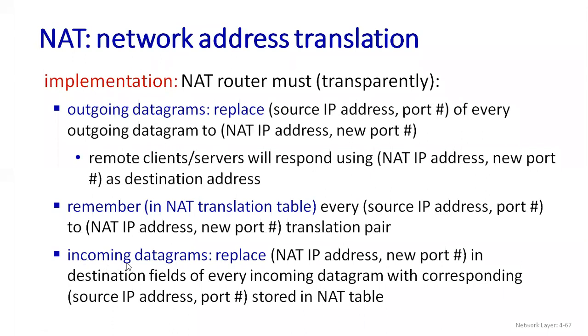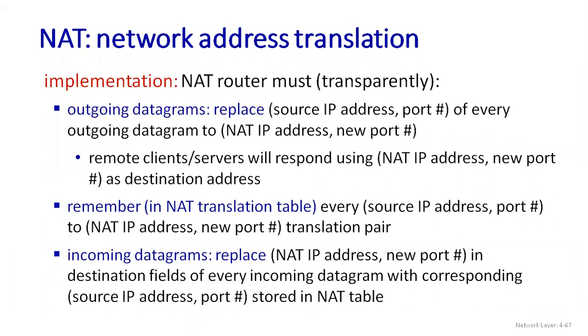How are you going to replace the incoming datagrams? In the similar way, the opposite of your outgoing datagrams. First you should write the NAT IP address with the new port number on the destination side, and in your NAT there will be, as I have told you before, a forwarding table. In the same way, here also one more table will be there, known as your NAT table.